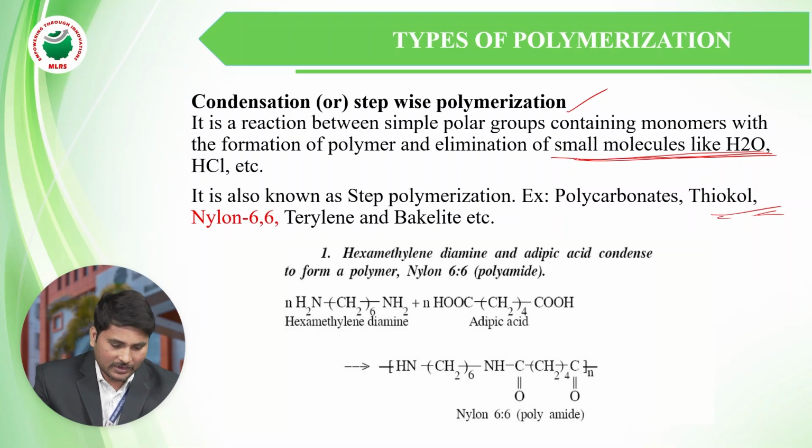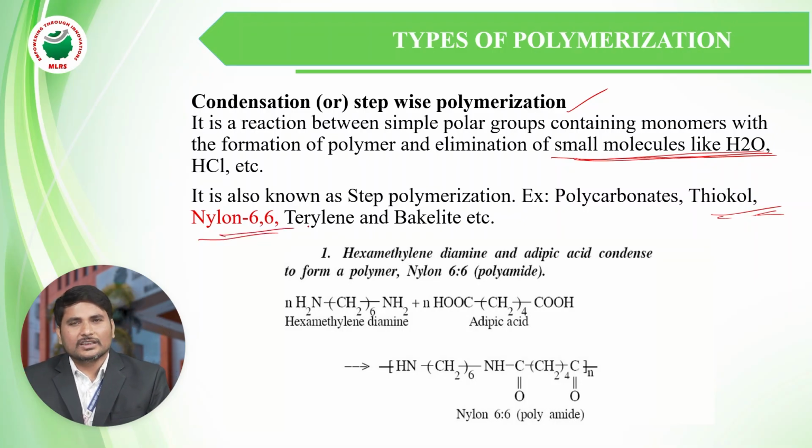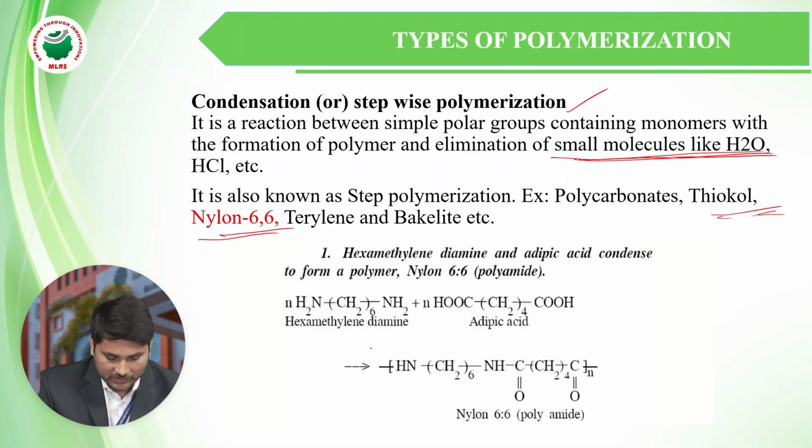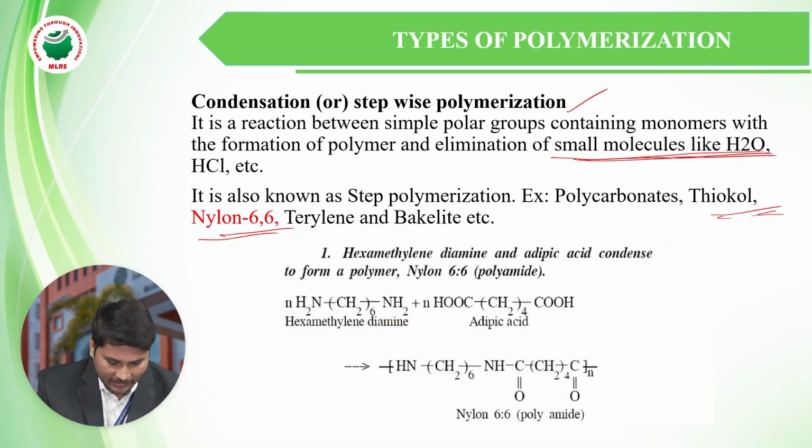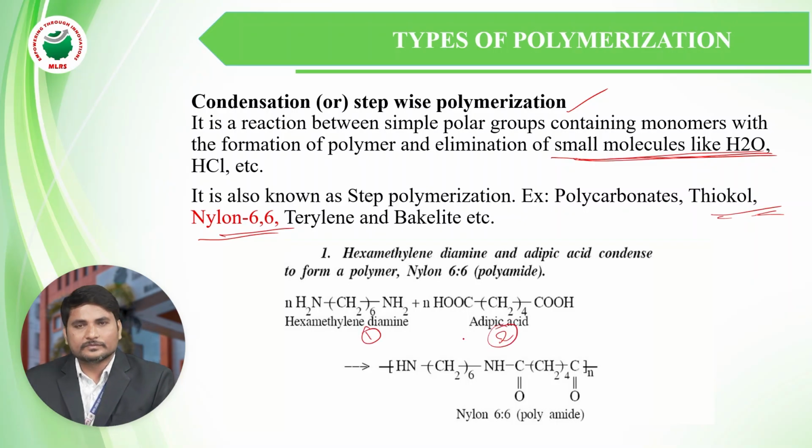We will see here nylon 6,6. The preparation of nylon 6,6 is the best example for explaining condensation polymerization. In nylon 6,6, two different monomers are involved. One is hexamethylene diamine, and the second one is adipic acid.